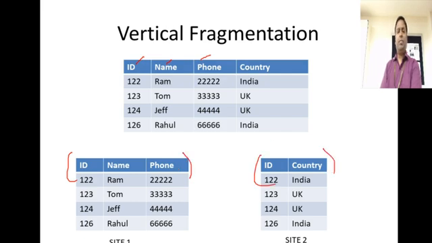Just giving an example. Maybe this may not be a very good vertical fragment, but one thing that is very important is that when I join these two fragments, I should be able to get my original relation. So you understood what horizontal fragmentation and vertical fragmentation are.